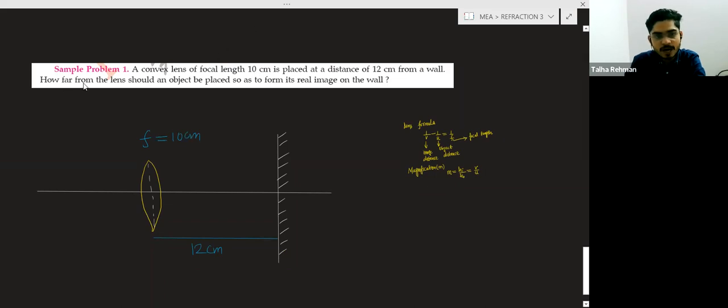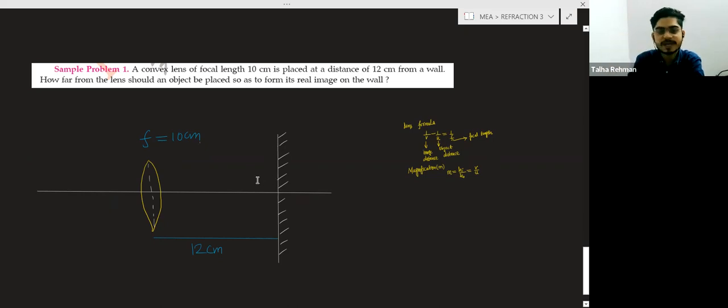We have to find how far from the lens an object should be placed so as to form its real image on the wall. When you place the object, you will get the image on this wall.